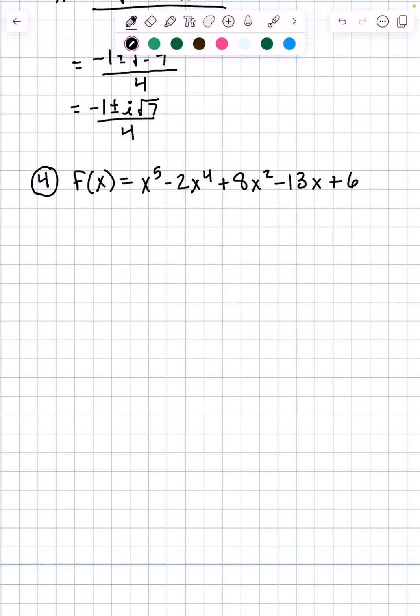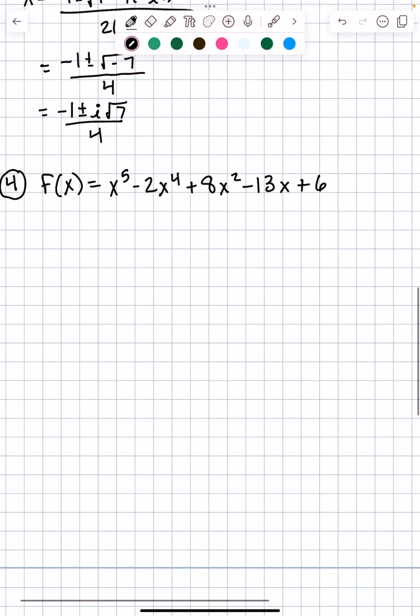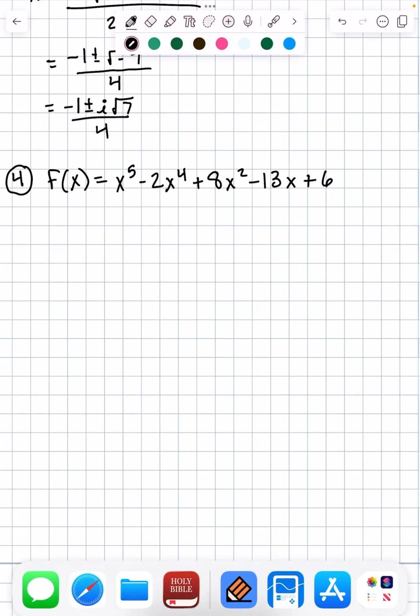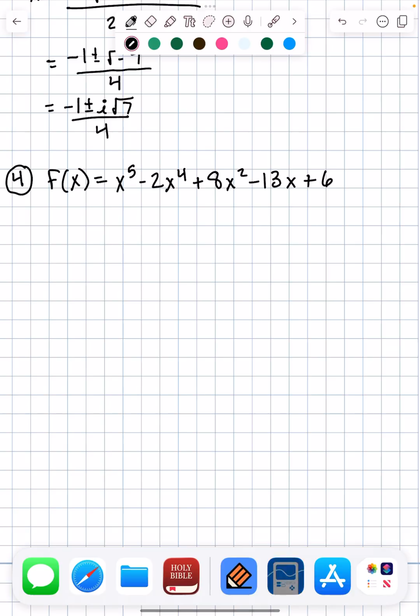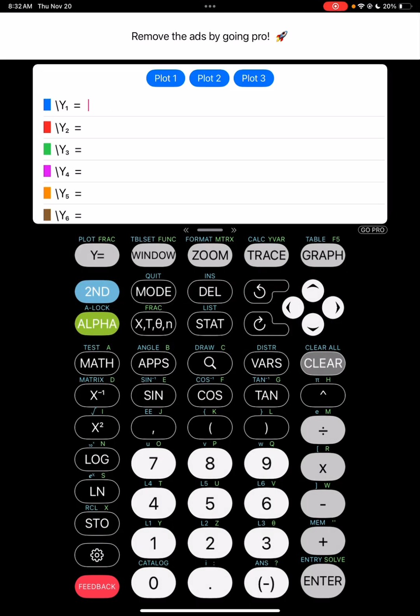Okay, so here, this is degree 5. So we know we're going to get 5 solutions for x. So we are going to plug this into our calculator to see if we have some real solutions for x, find out where our zeros are.